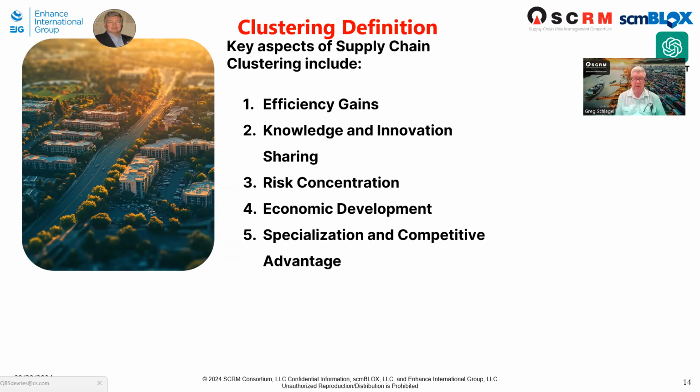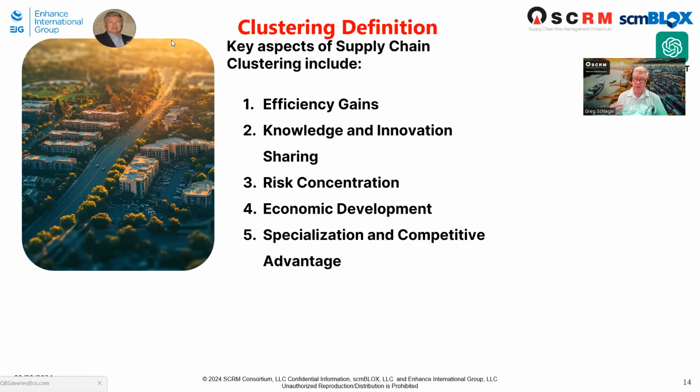First, we'll talk about the aspects of clustering from a supplier point of view. Efficiency gain, sure. Knowledge and innovation sharing, okay, that sounds good. Risk concentration, yes. Economic development, all good. Specialization and competitive advantage. These are aspects of clustering from a supplier point of view.